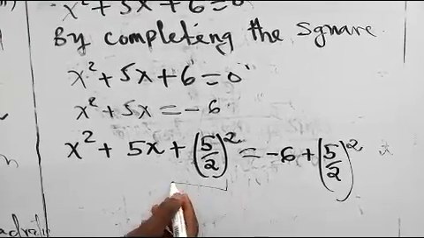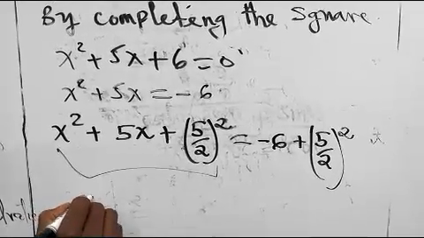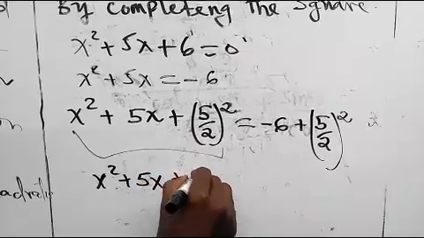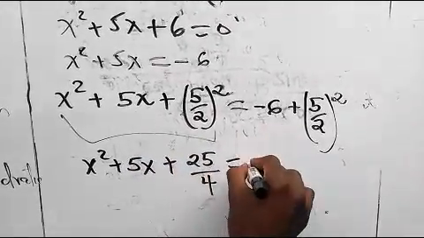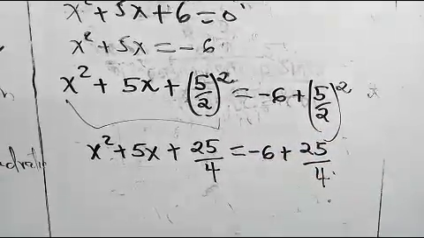Now applying our principles of completing the square, we are going to have x squared plus 5x plus 25 on 4, which equals minus 6 plus 25 on 4.